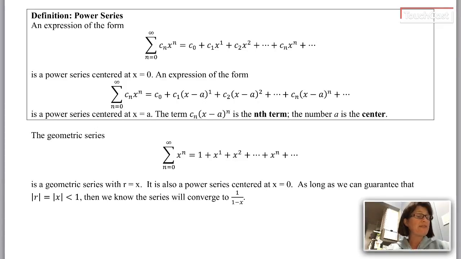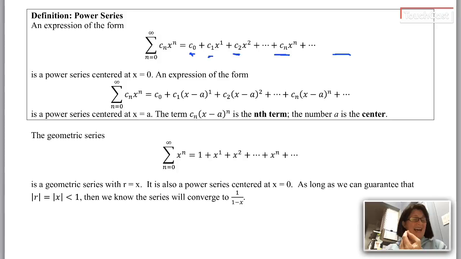All right, so here's a new definition. This was the title of 9.1, a power series. It looks like a sum of an infinite number of polynomial terms, where the terms look like a coefficient. We're going to call the coefficients c's. So c0, c1, c2, all the way up to cn, and because it's an infinite series, all the way up to c sub infinity.